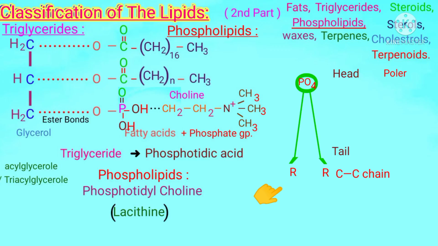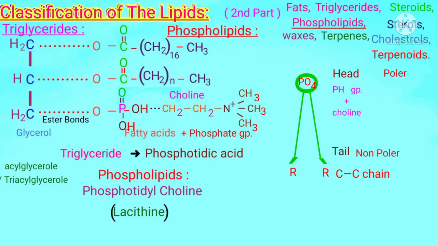The tail is the carbon-carbon chain portion of a phospholipid, whereas the head region has a phosphate group with a choline region. The head region is polar due to the presence of a charge, but the tail region is non-polar due to the presence of carbon-carbon long chains of fatty acids.